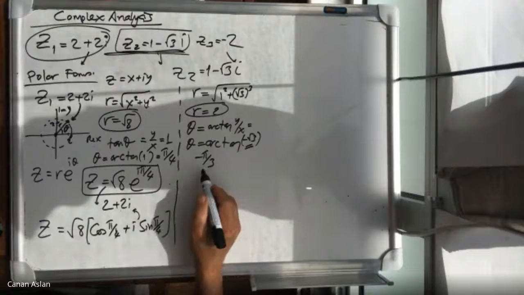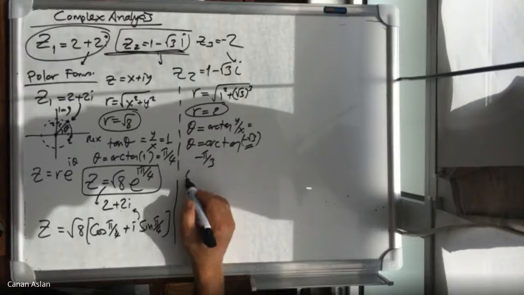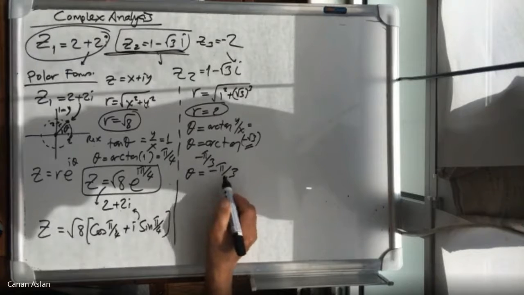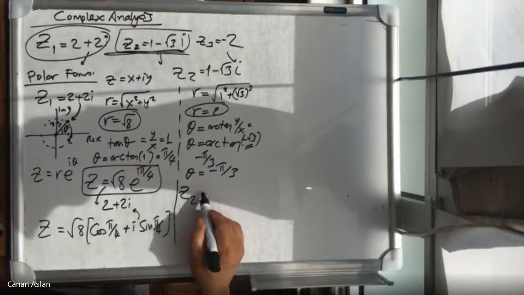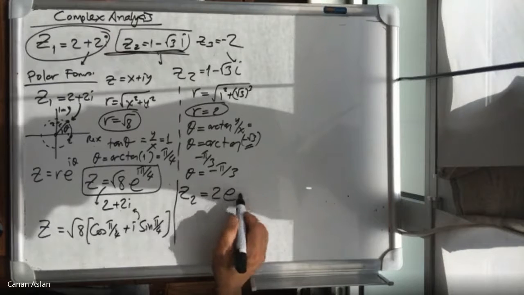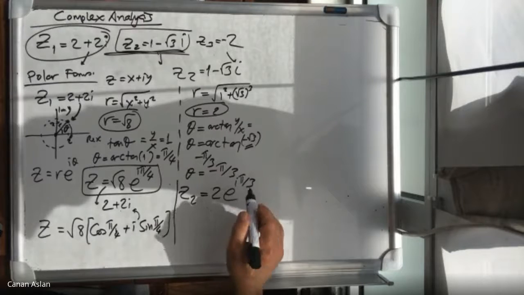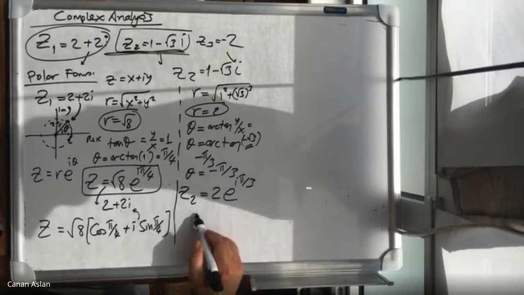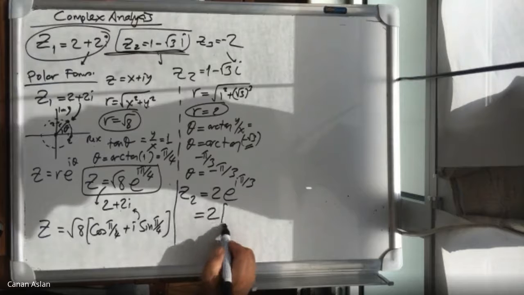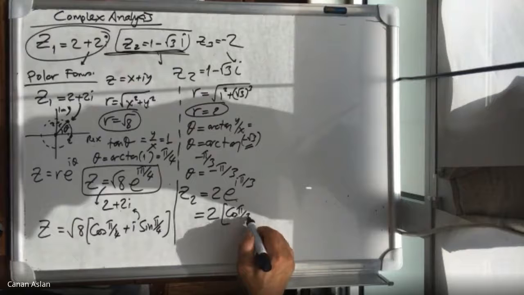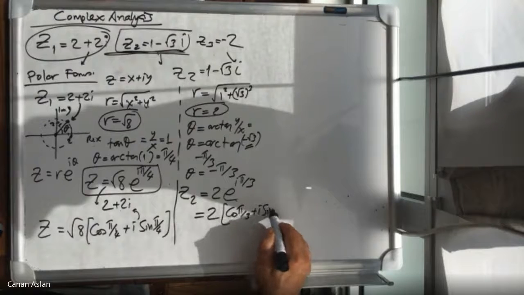So theta is equal to minus pi over 3. Then Z2 is written as 2 e to the minus i pi over 3. In cosine and sine, it's 2 times cosine of pi over 3 plus i sine of minus pi over 3.